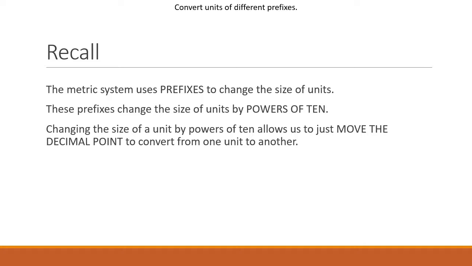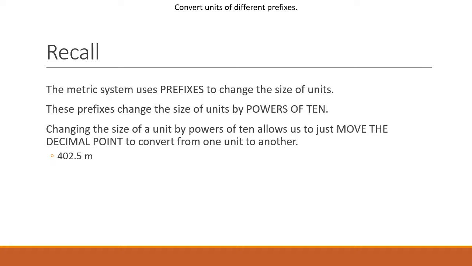As you remember from your math classes, if you multiply or divide by powers of 10, 10, 100, 1,000, a million, a billion, all you're doing is moving the decimal point left or right depending on if the number is getting bigger or smaller. And how many places you move it is based on how many zeros essentially that you're multiplying or dividing by.